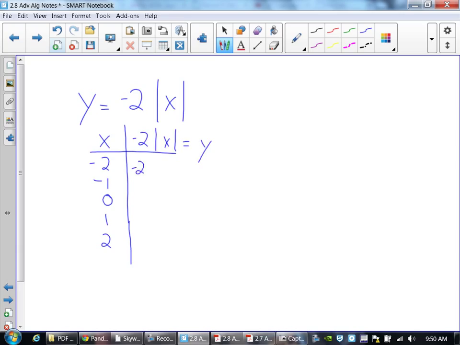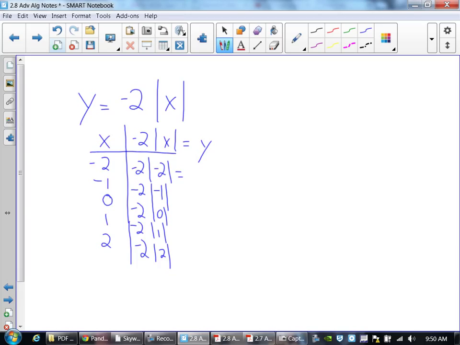Well, -2 times the absolute value of -2, -2 times the absolute value of 1. Think about your order of operations. What do you think you have to do first? You always do the absolute value first because even though it's not parentheses, it kind of looks like parentheses. It's just parentheses standing at attention.